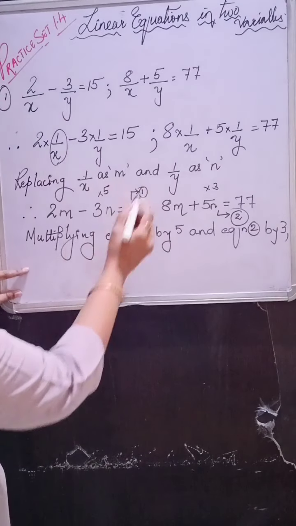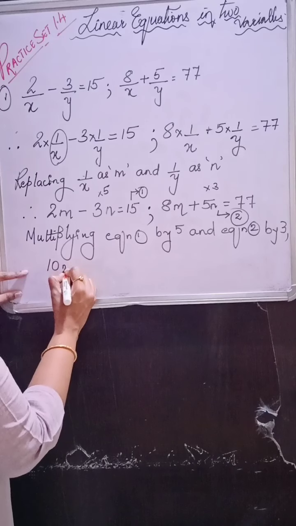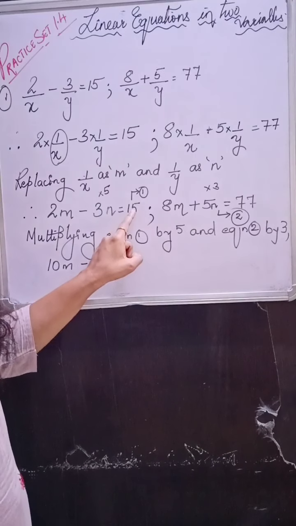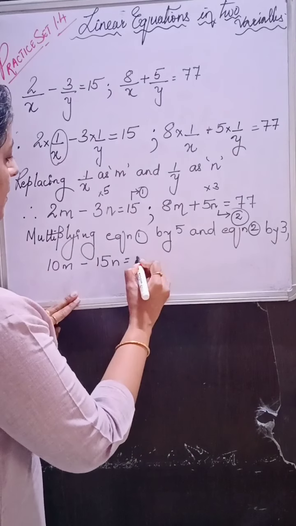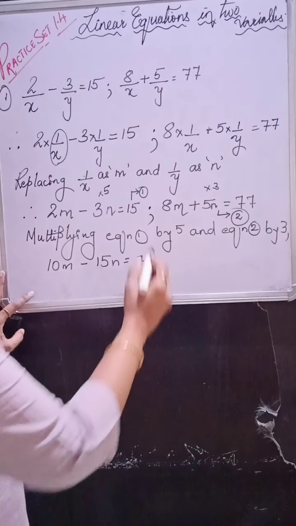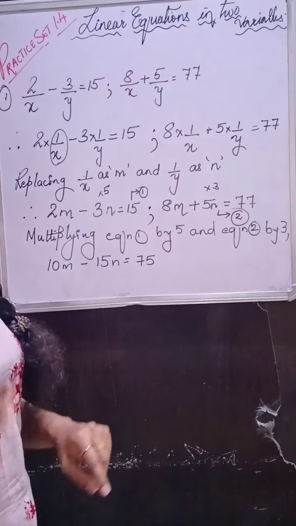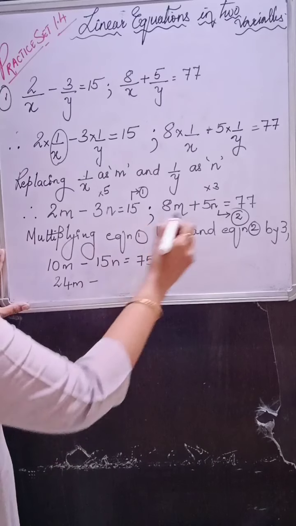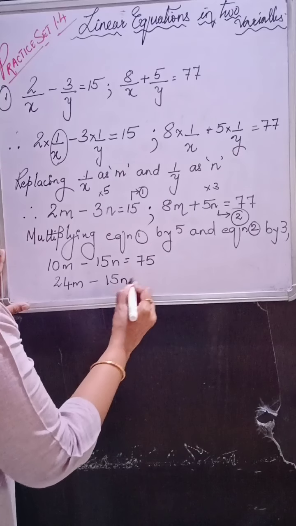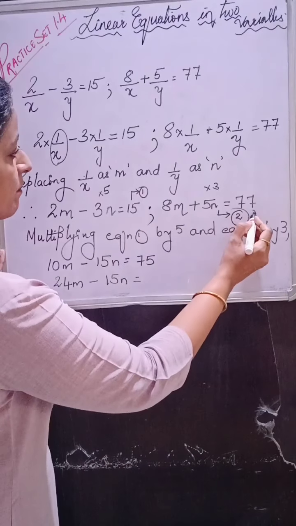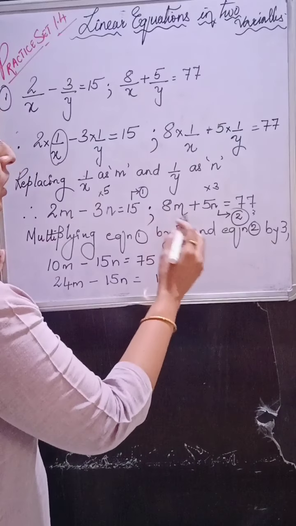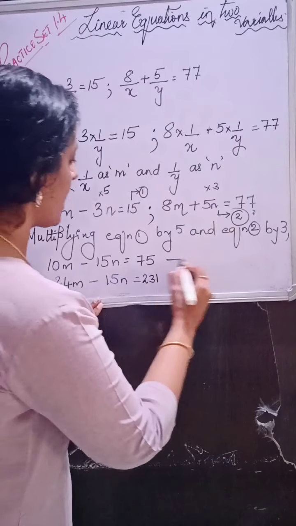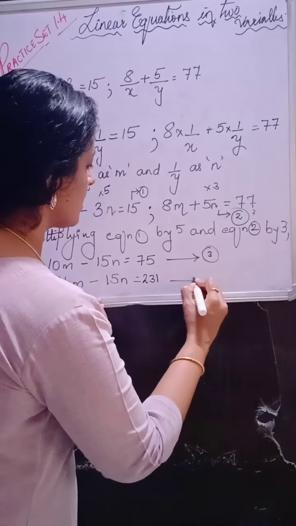Multiply this whole equation by 5. 5 2s are 10m minus 5 3s are 15n is equal to 5 into 15 will be 75. And this whole equation you will multiply by 3. 8 3s are 24m minus 5 3s are 15n is equal to, multiply 77 by 3, 7 3s are 21, carry 2, 22, 23, 231. So this you will give as equation number 3 and this is equation number 4.